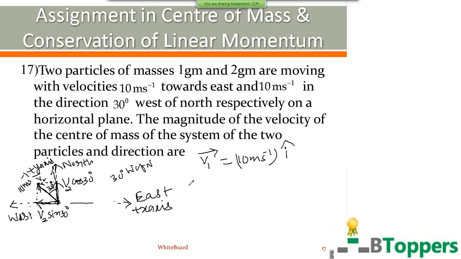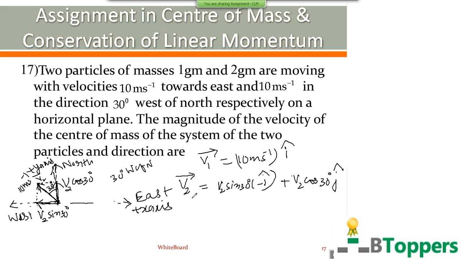So in vector form, the velocity v2 bar of the second particle, you can write v2 sin 30 degrees into minus i cap, because it is directed towards west along the negative direction of the x-axis, plus v2 cos 30 degrees into j cap.